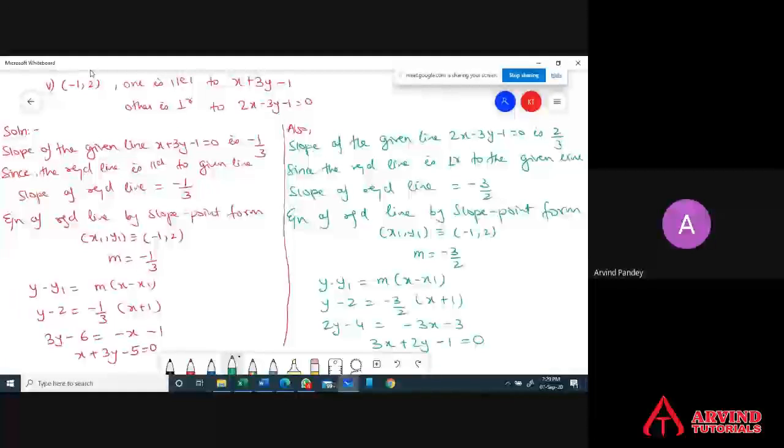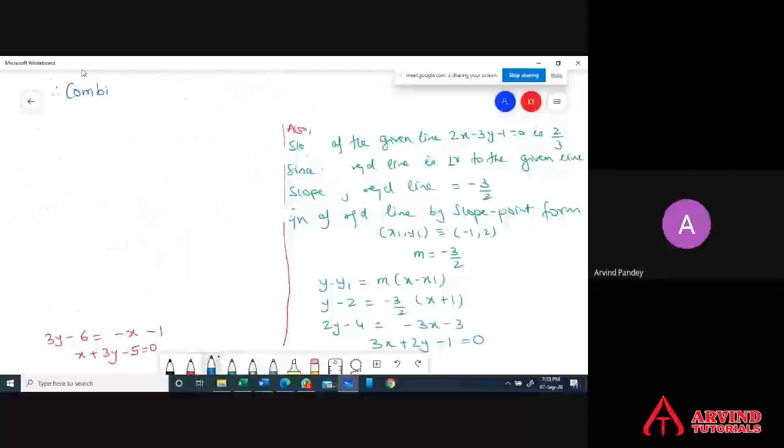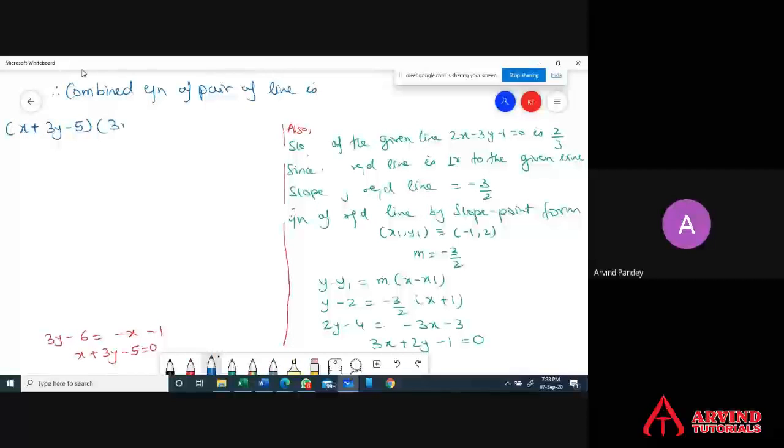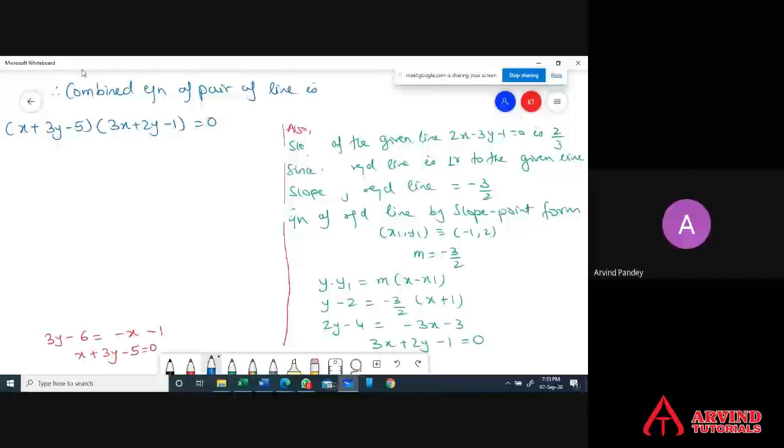Okay. Then we'll find the combined equation. Now copy. So see, we'll find the combined equation of pair of lines: you have (x plus 3y minus 5)(3x plus 2y minus 1) equal to 0.